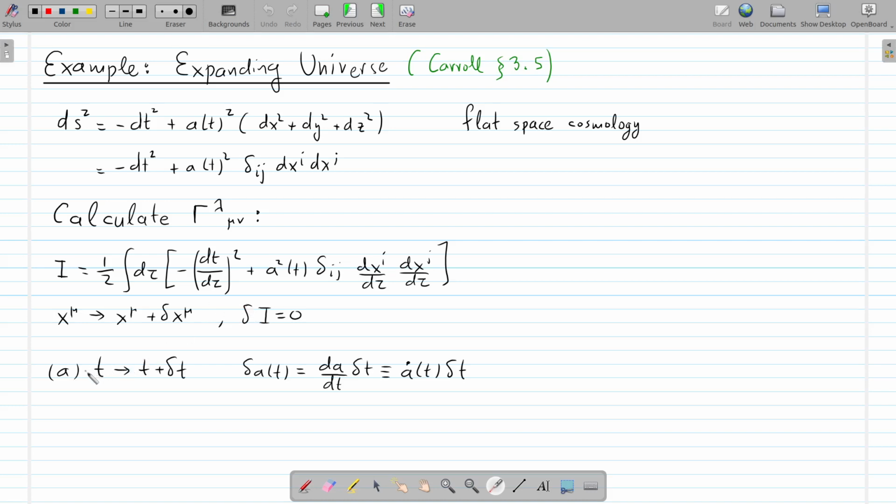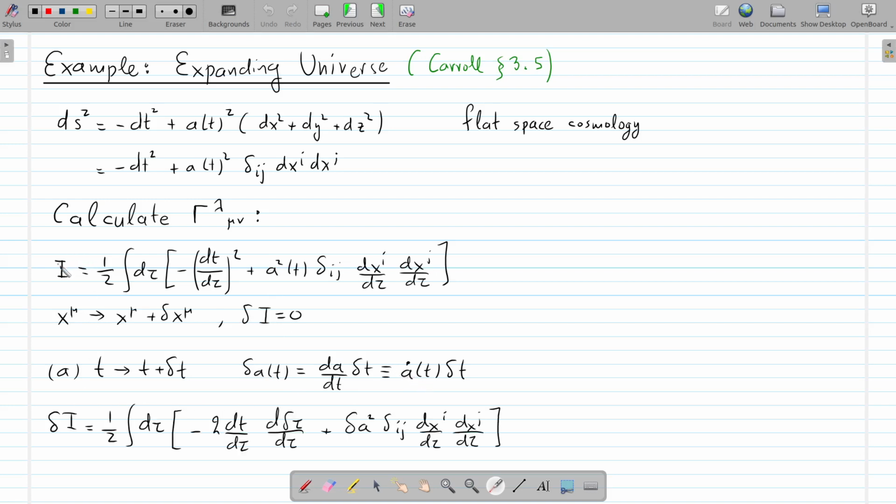First, we will consider variations with respect to the parameter t. Now, when varying this expression, we see that the only time-dependent factors are the first term and a squared, which is a function of t. So delta a is given by a dot delta t.